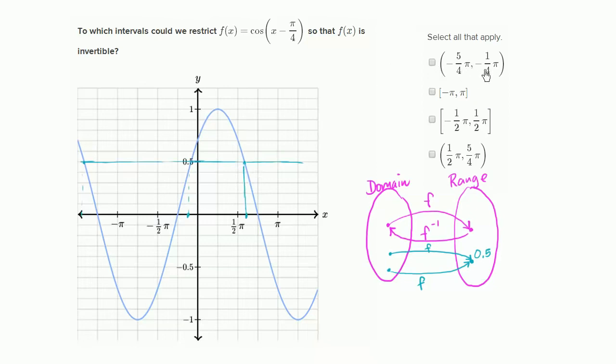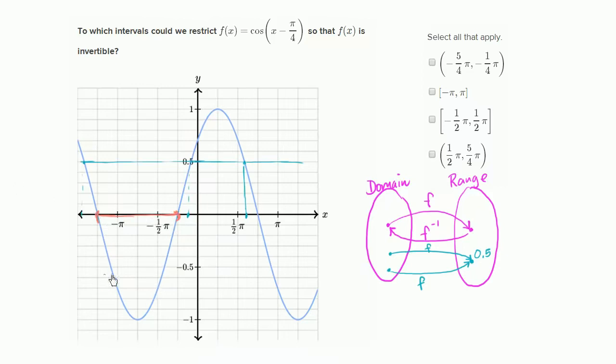The first one is an open set from negative 5 pi over 4. So that's negative pi and another fourth of pi. I think that starts right over here, going all the way to negative 1/4 pi. So that's this domain right over here, and this does not include the two endpoints.